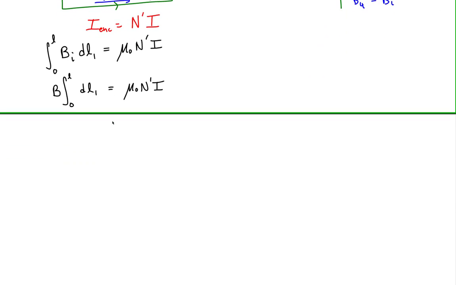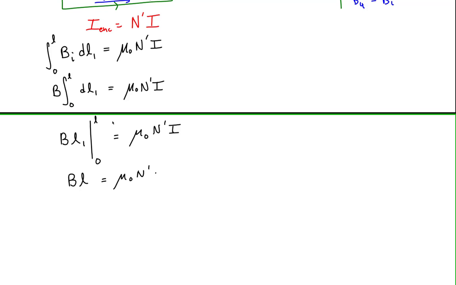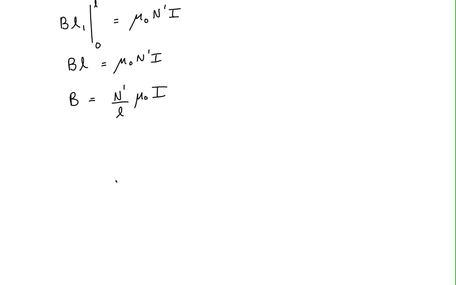So the integral of the left side becomes B L1 integrated from 0 to L, and the right side just remains mu naught N prime I. Well, when we evaluate the limits of integration, we end up with just B L equal to mu naught N prime I. And rearranging this, we get that the magnetic field is equal to N prime over L mu naught I. So this is the number of loops per unit length.